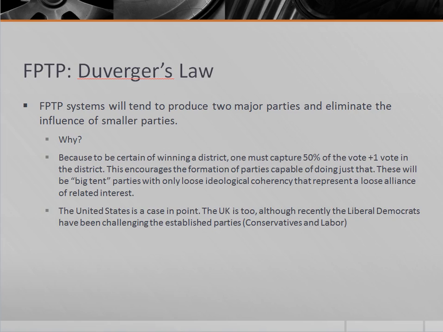The United Kingdom is very similar to that. Admittedly, recently the Liberal Democrats have been challenging the established parties, have been getting more votes than usual, but I think most political scientists would tell you that that's anomalous, and unless the Liberal Democrats can unseat one of the major parties, Conservatives or Labor, that this recent breakthrough that they've had in elections will probably not last.